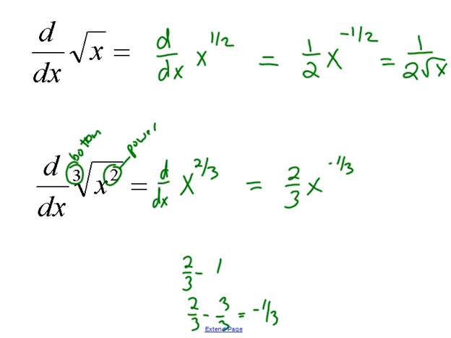If you're looking for a different way to write that, you can write it as 2 over 3 cubic root of x. Remember, negatives are really fractions. Anytime you see a negative exponent, think fractions.